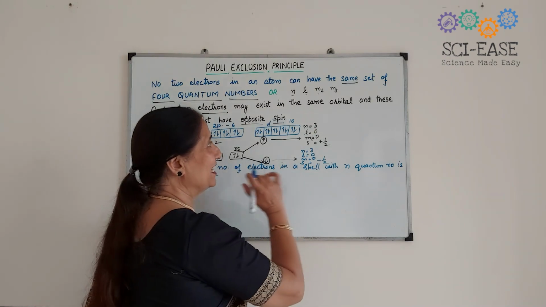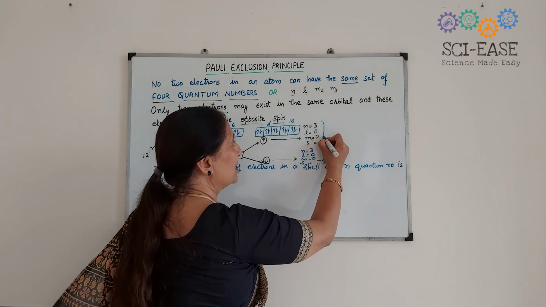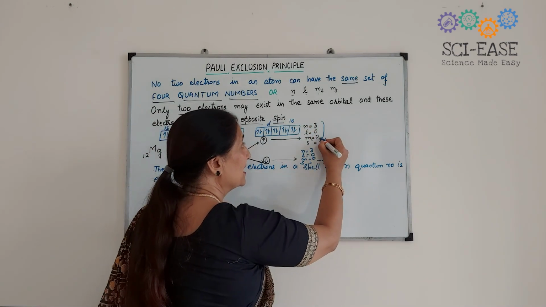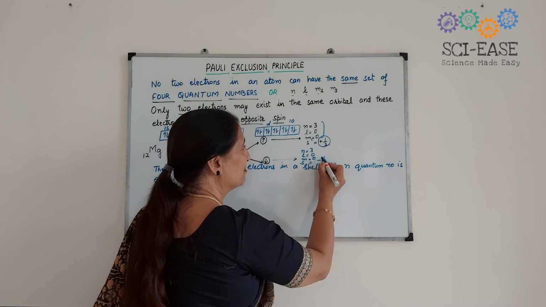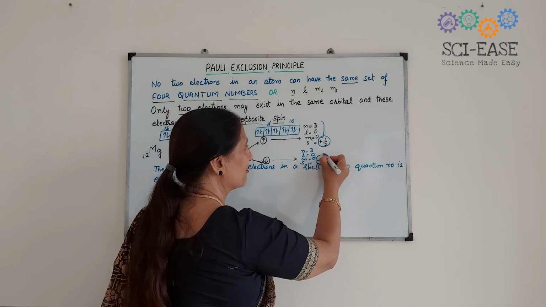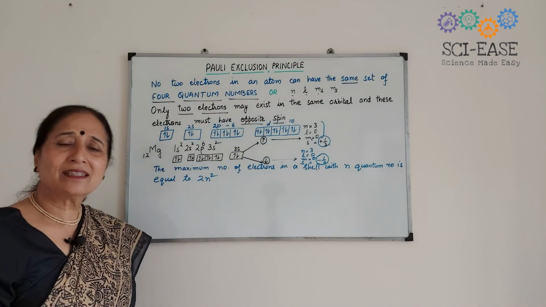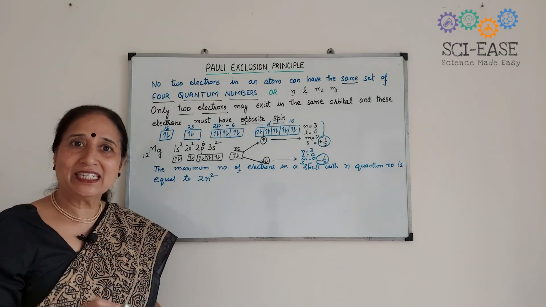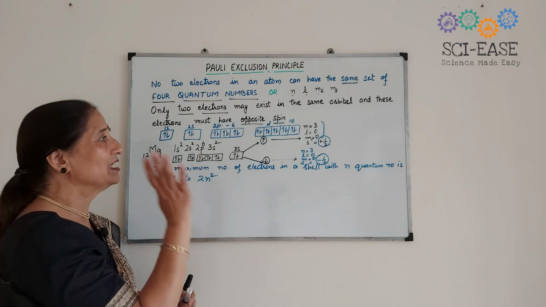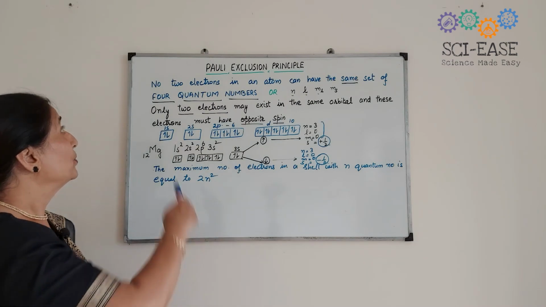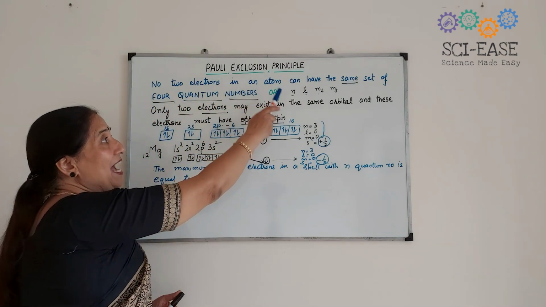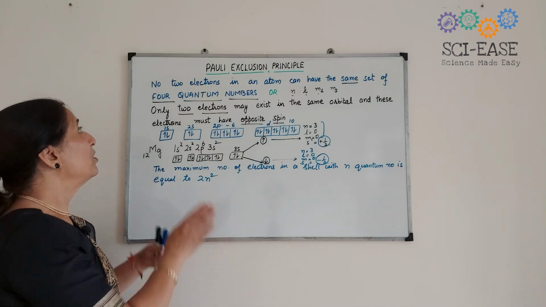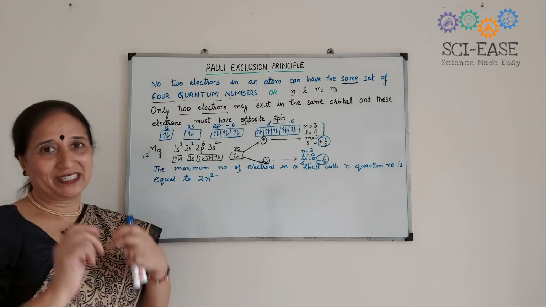So what you have seen here is that the 3 quantum numbers are the same, but the 4th quantum number is different. You can take the case of any element and write its configuration, and you will see that no 2 electrons in an atom can have the same set of 4 quantum numbers.